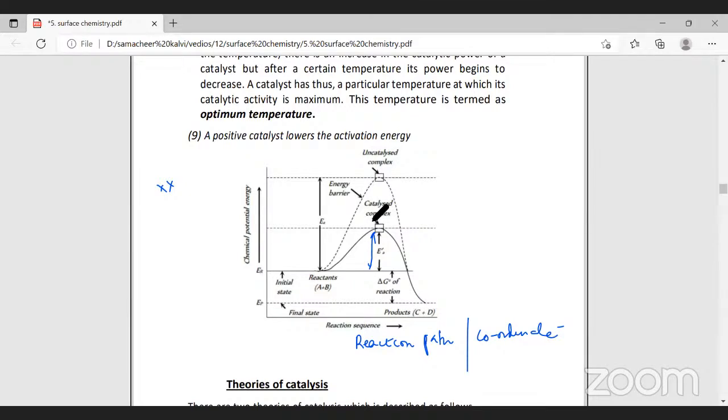In the absence of a catalyst, the amount of activation energy required is more, so the uncatalyzed complex is formed, and that will decompose to give product. But in the presence of a catalyst, the energy of activation is decreased, the reaction takes a different path, and products are formed easily. This is a very important question for 12th standard.